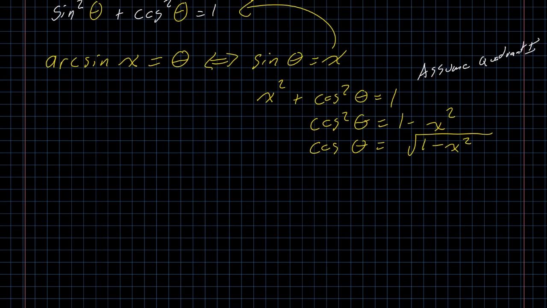Okay, that's everything we need, because now we can establish that the derivative of arcsine of x is 1 over the derivative of sine evaluated at arcsine of x.